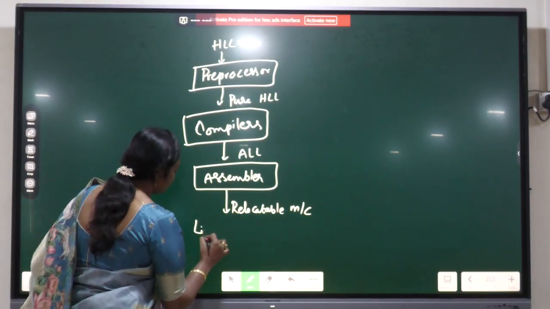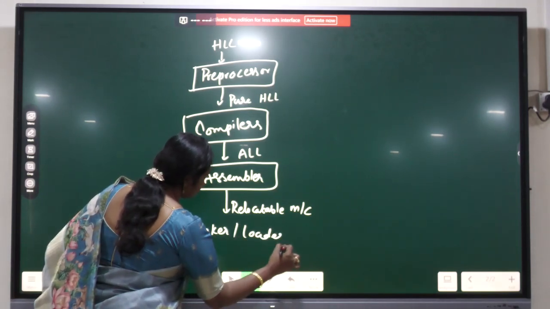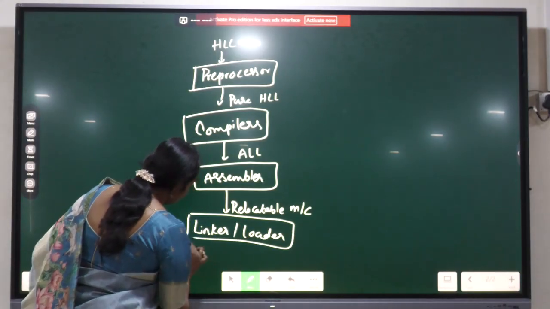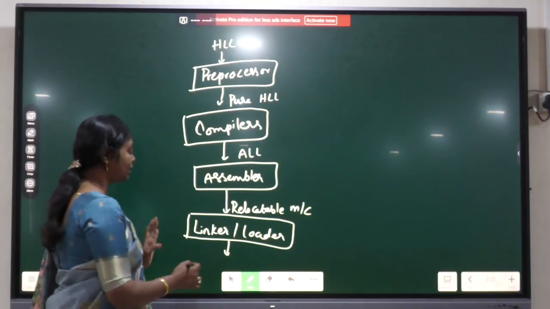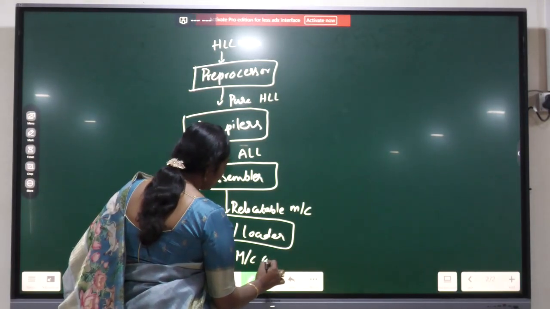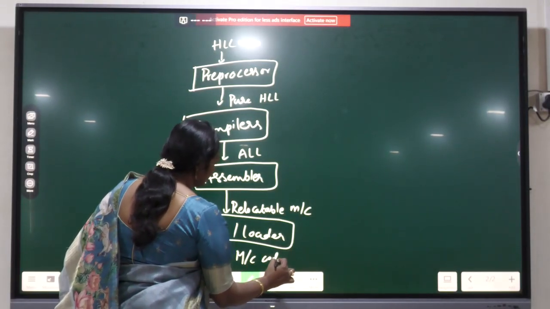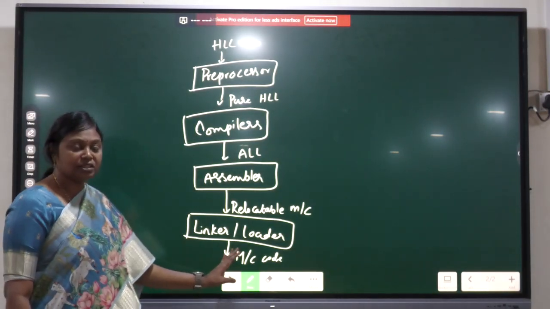From here, the linker or loader will take care of the remaining things. The loading and linking will be taken care of by the linker and loader, and you will get machine language executable code. The executable code will be generated at the end of this phase.